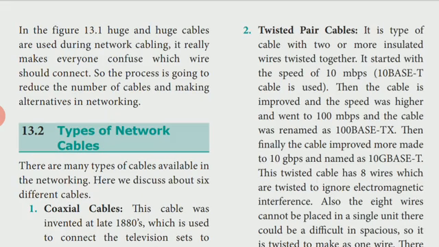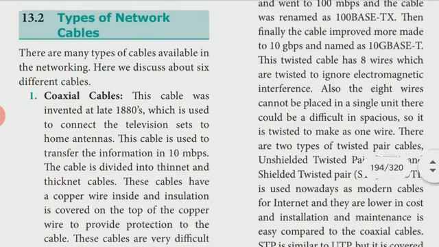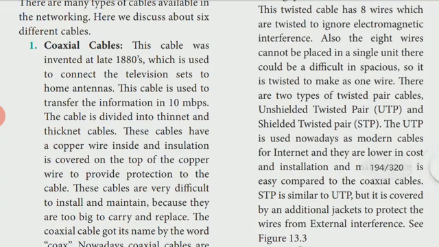There are 6 types of cables. The first we will see is coaxial cable. This coaxial cable was used in the 80s, and it is mostly used for television, and nowadays also we are using it.